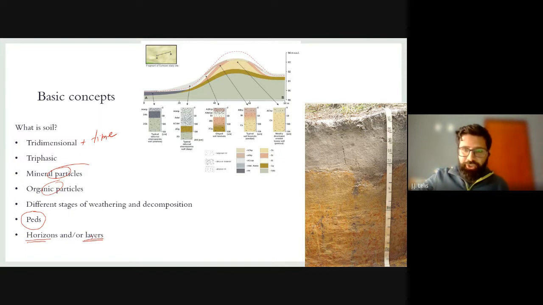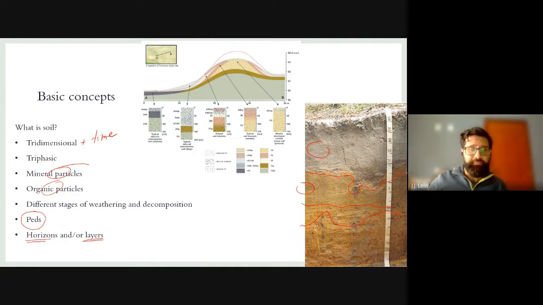So we should identify different horizons or layers according to color, texture, and several other properties that help us to identify these layers.